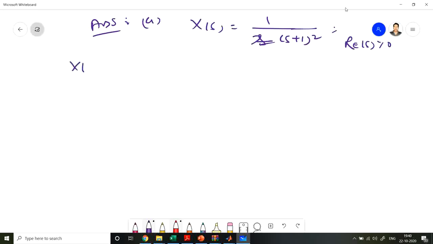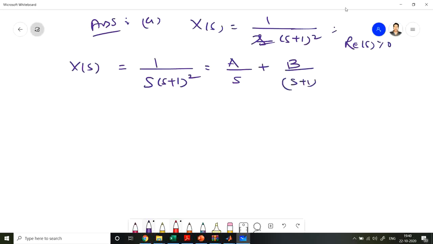Now for this type of problem, first we have to do the analysis by using partial fractions. We have to do the partial fraction analysis, and it equals A divided by s plus B divided by (s plus 1) plus C divided by (s plus 1) whole square.